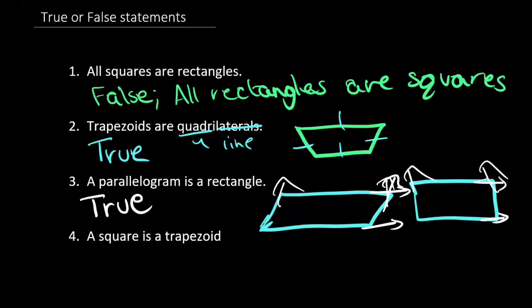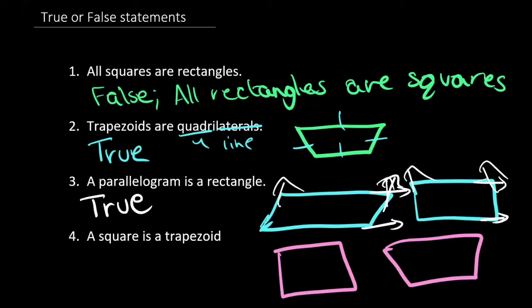Let's move on to the next one. The next one says a square is a trapezoid. I'll be drawing a square. Oops, that's not a square. So I'm going to draw a square, and then I'm going to draw a trapezoid. Alright, so a square has 90 degrees in its interior, and is that true for a trapezoid?